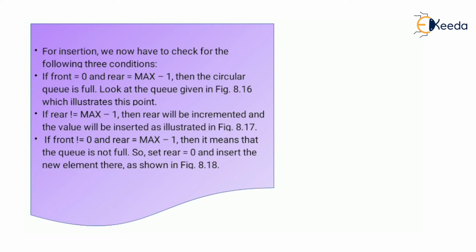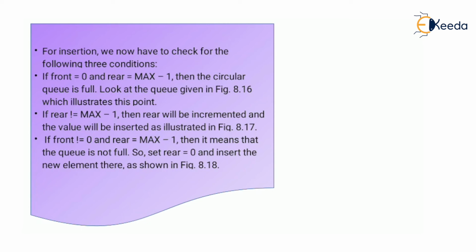So we are setting rear equal to 0 as this is the first index, since the elements are arranged in a circular manner. Try to understand the concept: imagine all the time that the queue is arranged in a circular manner. So the last comes first, we set rear as 0, and we are utilizing that space.